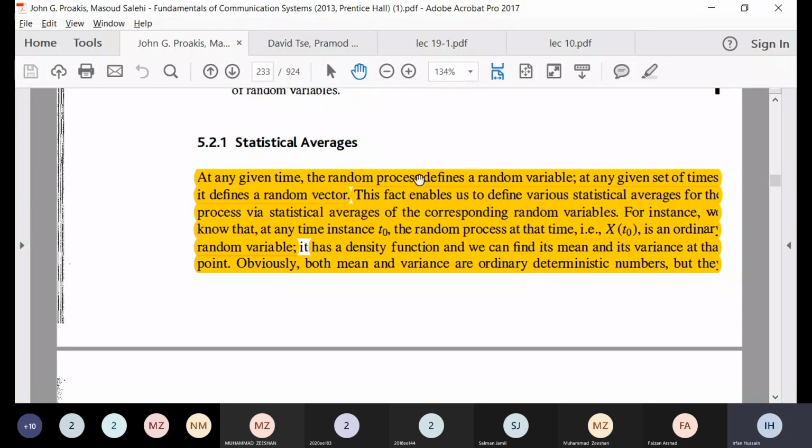Now we know that a random process actually is a random variable at a given time. If you take a set of times, you will definitely get a random vector. So you will be defining the averages for the random process via the averages of the random variable.